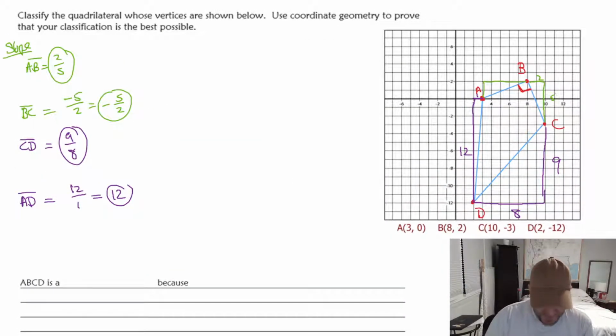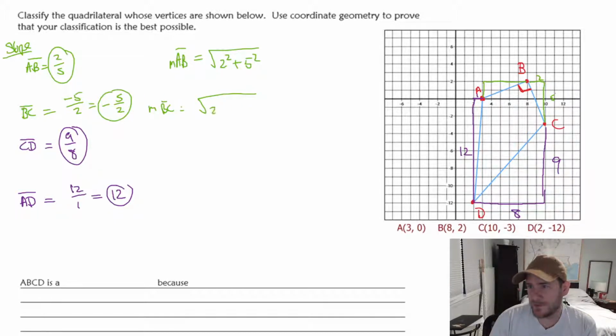All right, so I think the green ones are kind of obvious. You've got 2 and 5 and 2 and 5. So when you do that math, the measure of AB is going to be the square root of 2 squared plus 5 squared. The measure of BC is going to be the square root of 2 squared plus negative 5 squared, technically. But guess what?